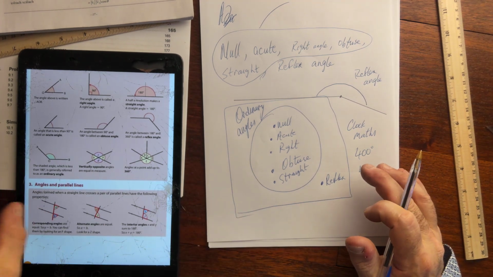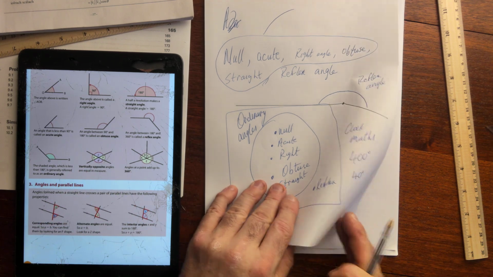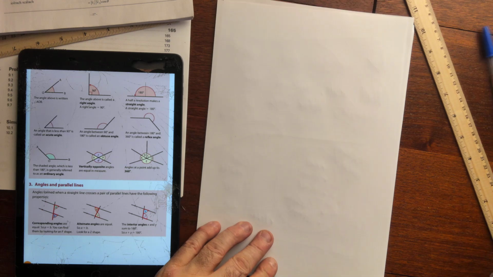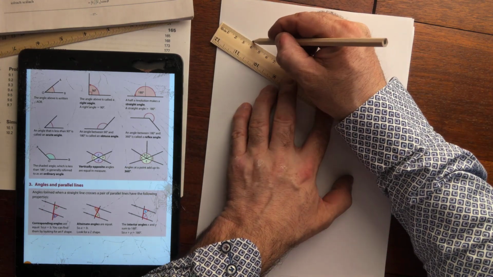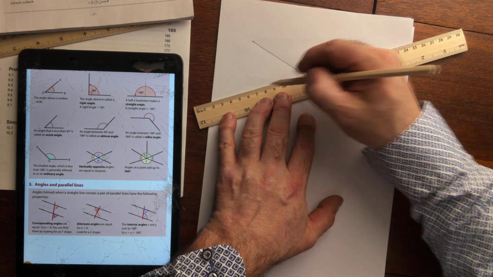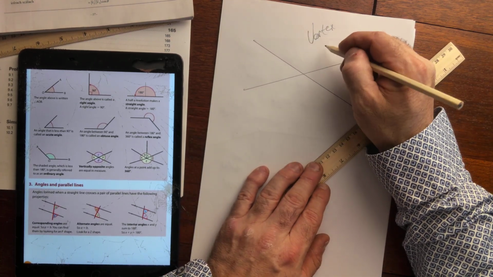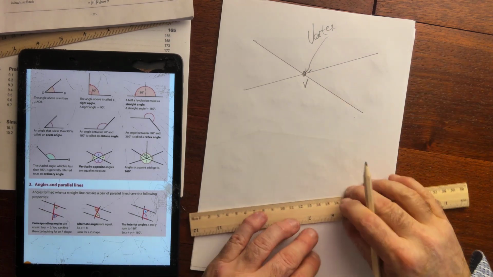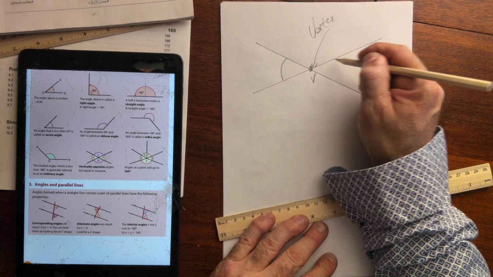So that's probably everything we need to know, except we want to do vertical angles and angles at a point next. Vertical angles are very, very easy to construct. Just go back to where two lines meet. They meet at the vertex. Maybe V for vertex, and then we can say what vertical angles are: the angle opposite vertically.